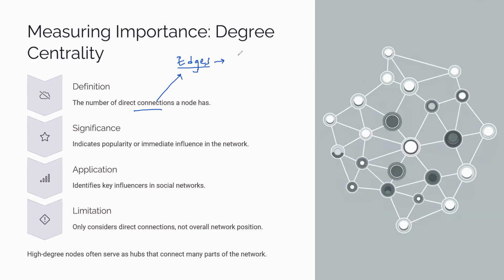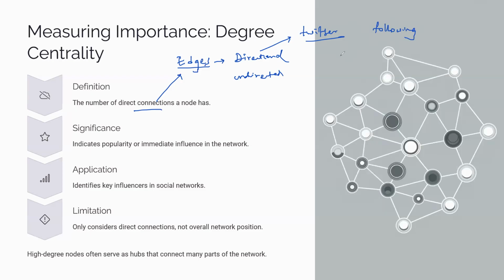The edges can be directional or undirected. Unidirectional or directional. Directional means, if I talk about Twitter, or X for that matter, we are basically looking at people following popular figures. Like I follow Virat Kohli, you follow Virat Kohli.